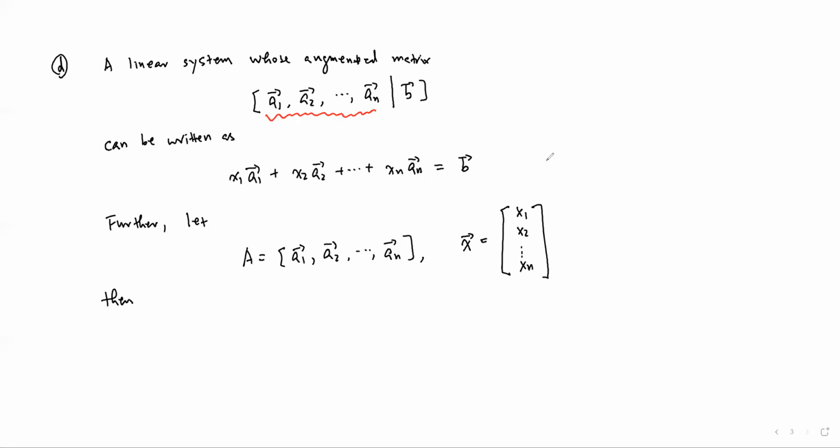Let me call this vector equation number 1. Then by the definition of a matrix times a vector, the left side of equation number 1 is A times X, equal to B. So a linear system can be written as a vector equation and as a matrix equation. The reverse is also true. A matrix equation is a vector equation and also a linear system.